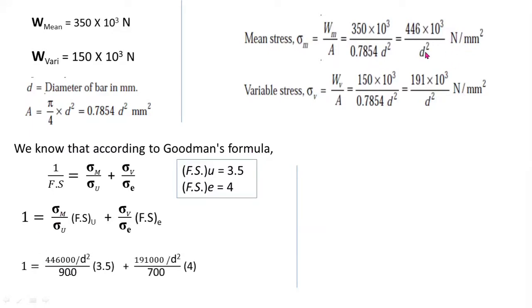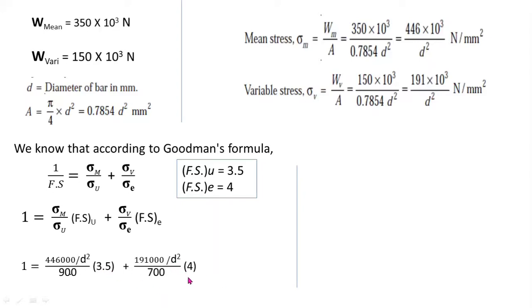Sigma m equal to 446 into 10 power 3 by d square, and sigma u is 900 from the given data. Sigma e equal to 700 from the given question. Sigma v equal to 191 into 10 power 3 by d square. Here fse is 4, fsu equal to 3.5. You can observe there is only one unknown, the diameter d.